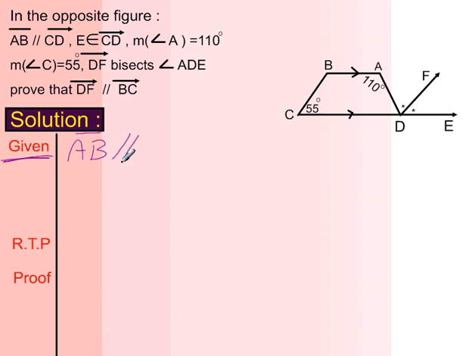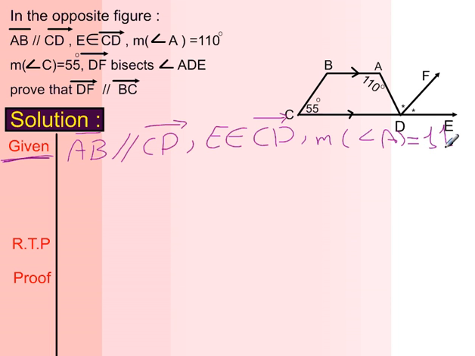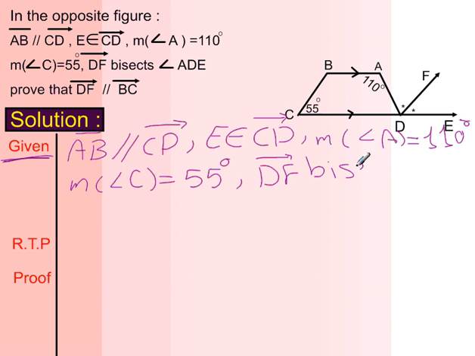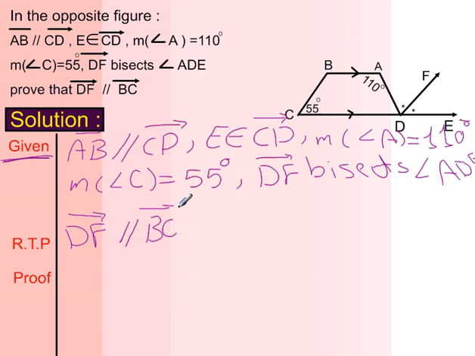AB line segment parallel to CD ray, E belongs to CD ray, the measure of the angle A equals 110 degrees, the measure of the angle C equals 55 degrees, and DF ray bisects the angle ADE. Required to prove: we need to prove that DF ray is parallel to BC ray.